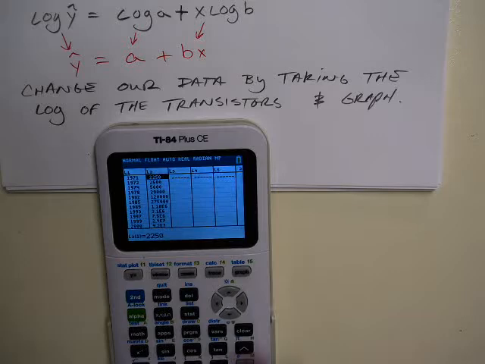So we'll go up to L3, and we're going to literally take the log, so log is on the left side about 2/3 down, and we're going to take the log of L2.